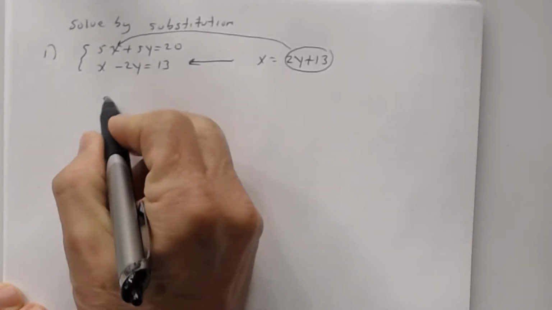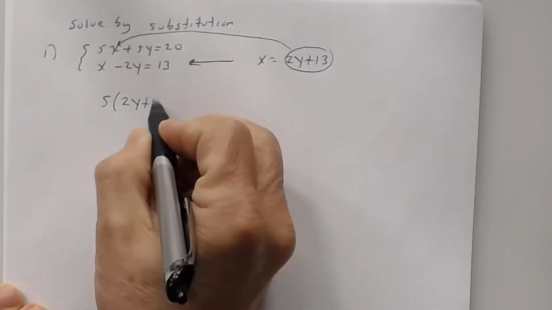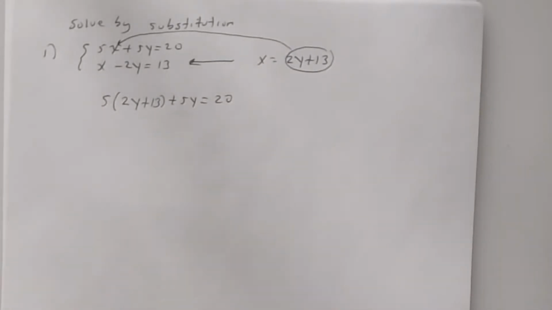Then I get 5 times (2y + 13) + 5y = 20. So now I have a linear equation with just one variable, and that's something you had the first day of class.